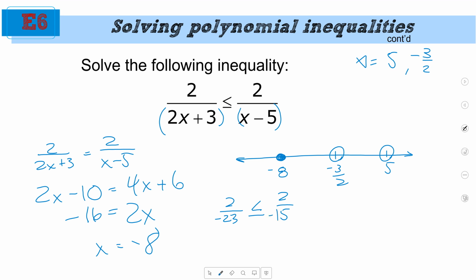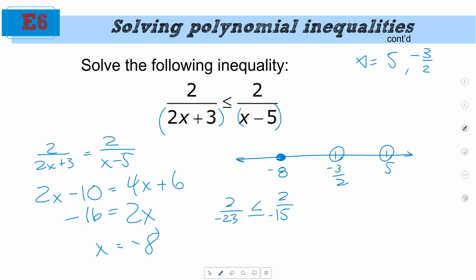Is that a true statement? What do you do if you're not sure? Check with your calculator. Yeah, use your calculator to check. If you don't know which one of those is bigger, then use your calculator. Or if it's a true statement.